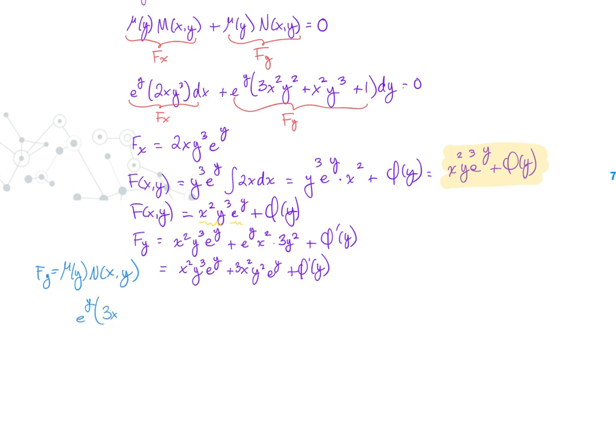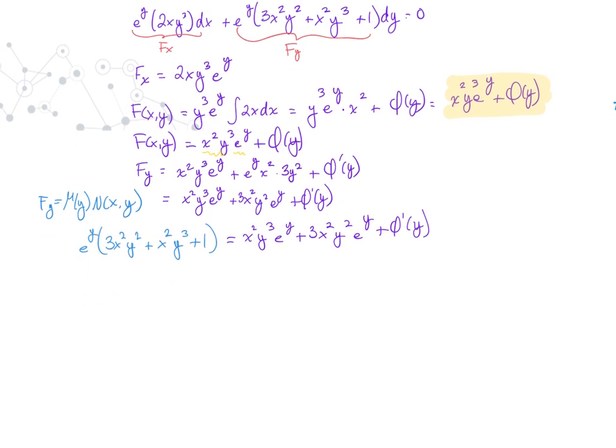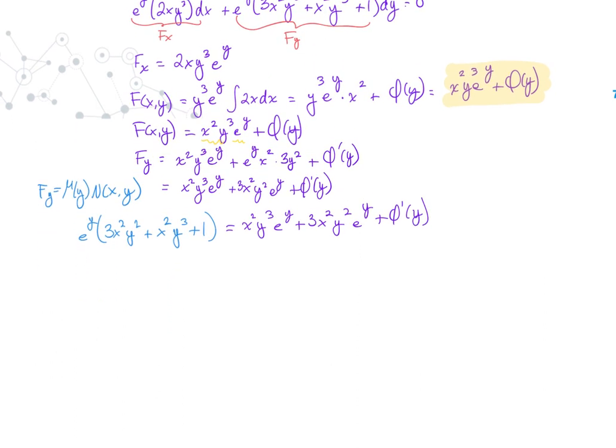times 3x squared y squared plus x squared y cubed plus 1. And we know it needs to equal x squared y cubed e to the y plus 3x squared y squared e to the y plus phi prime of y. If we do a little simplifying here on the left, we find that we have 3x squared y squared e to the y plus x squared y cubed e to the y plus e to the y.